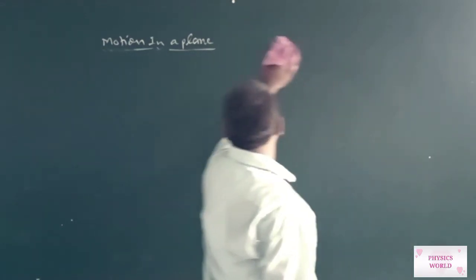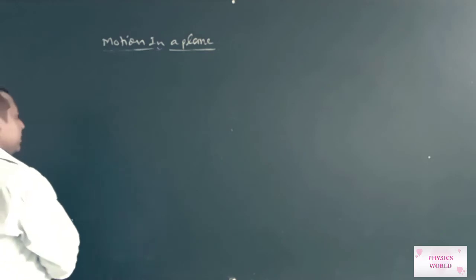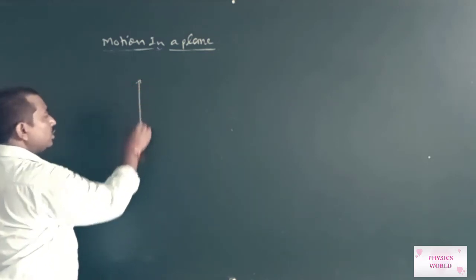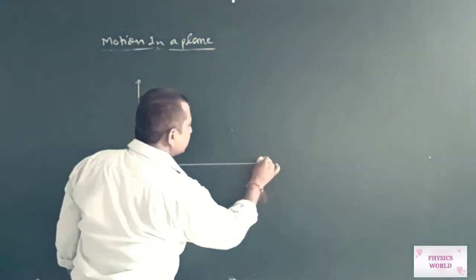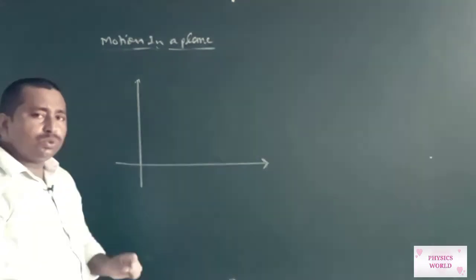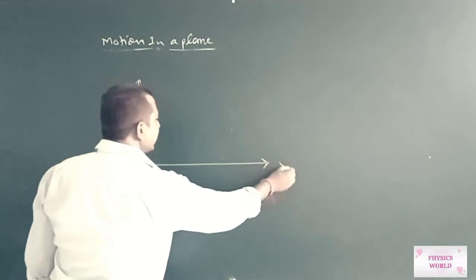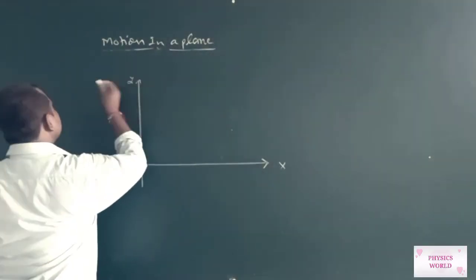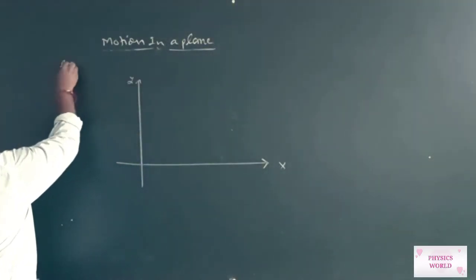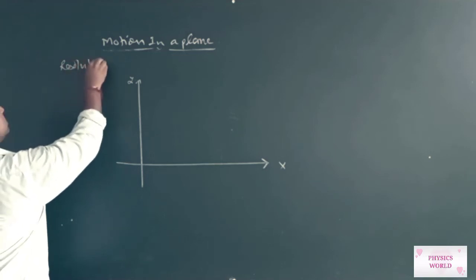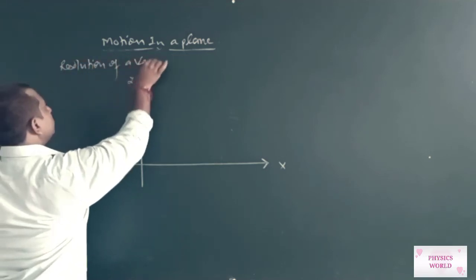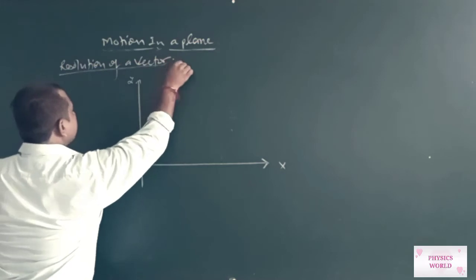Suppose we have a vector in a plane and we want to express that vector in two different coordinates, that is, suppose this is the x-axis and this one is the y-axis.